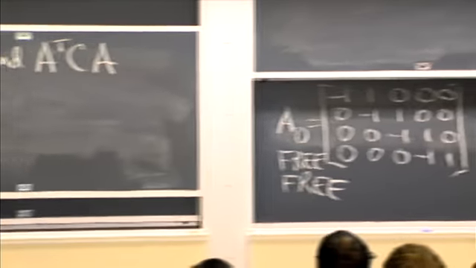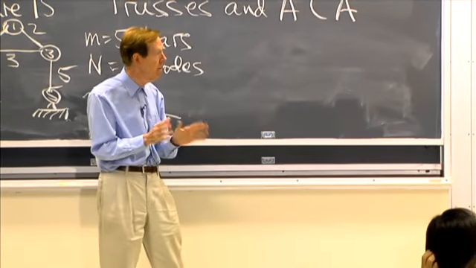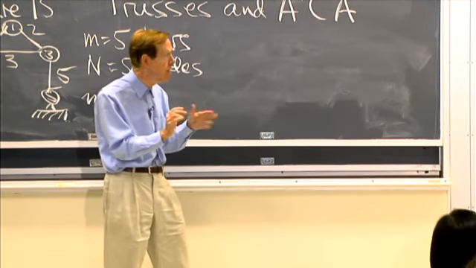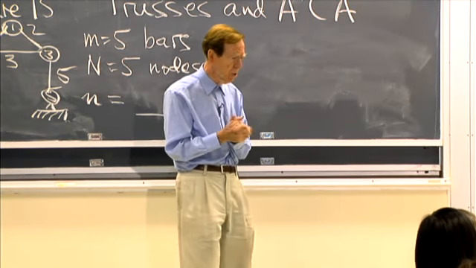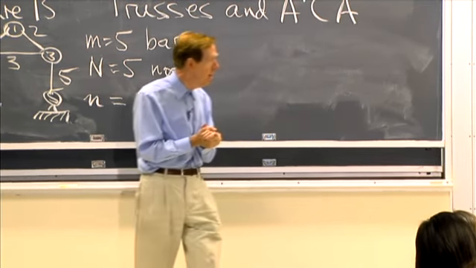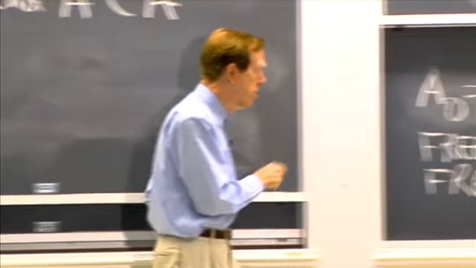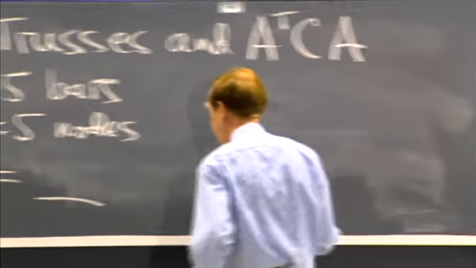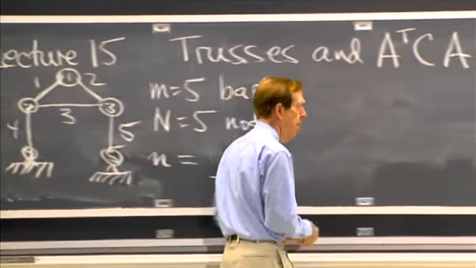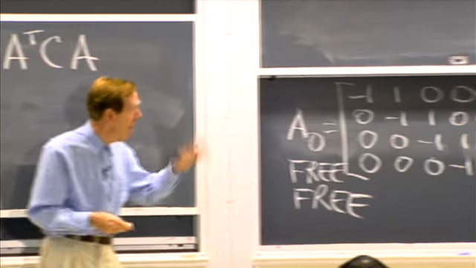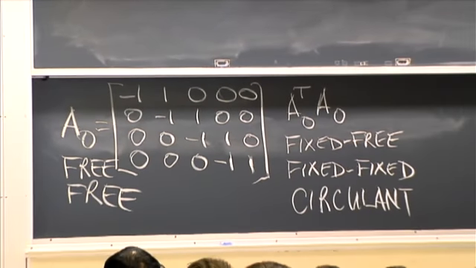And I thought I'd just make the connections that I should have made earlier, so we all see the point about these A's and the A naught and the A transpose A's.